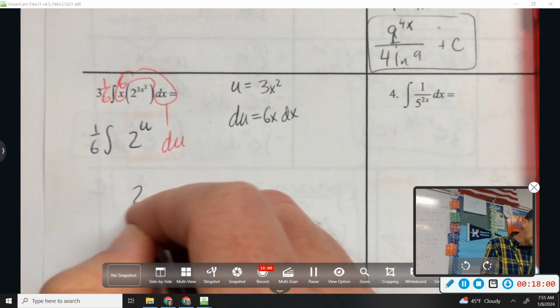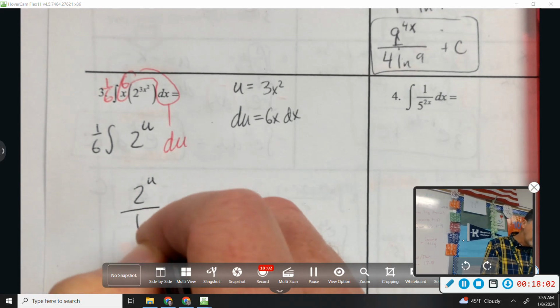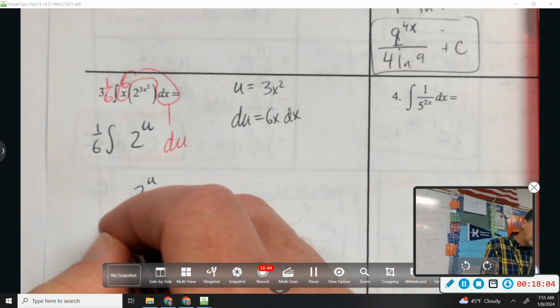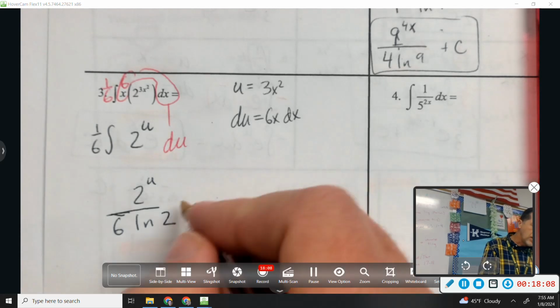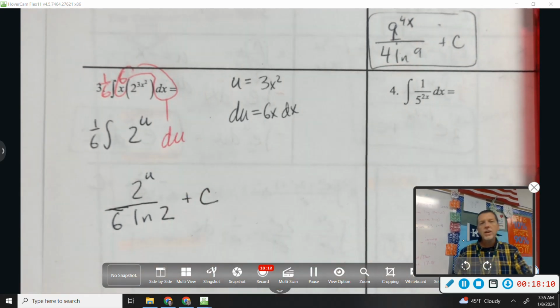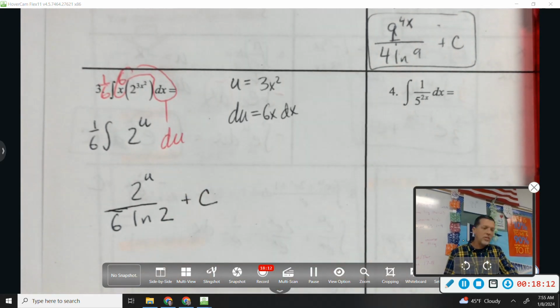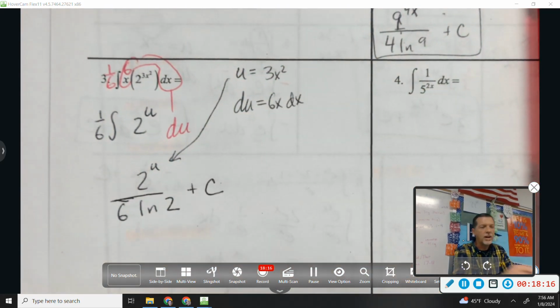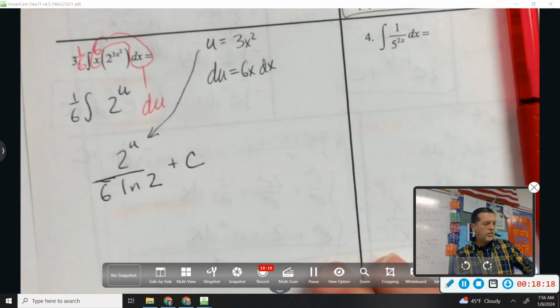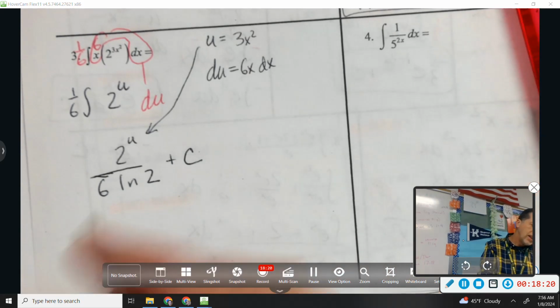Antiderivative of 2 to the u would be 2 to the u over natural log 2. Don't forget there's still a 6 in the bottom. And a plus c. And that is a safe stop as long as you've defined u. Like, hey, don't forget, there's my u. You don't have to do that, but if you wanted to sort of clarify.